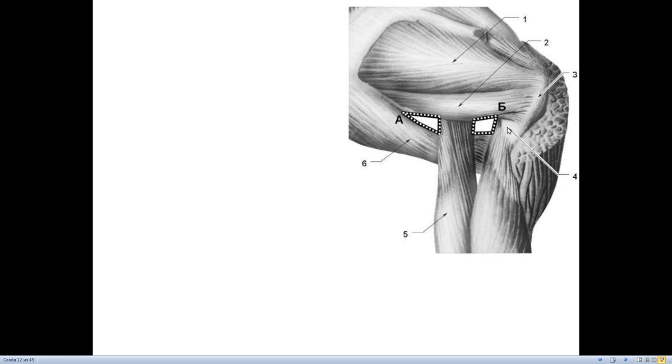During development of a cancer of the mammary gland, metastasis in lymphatic nodes of the axillary fossa usually passes in 70 to 80% of cases.